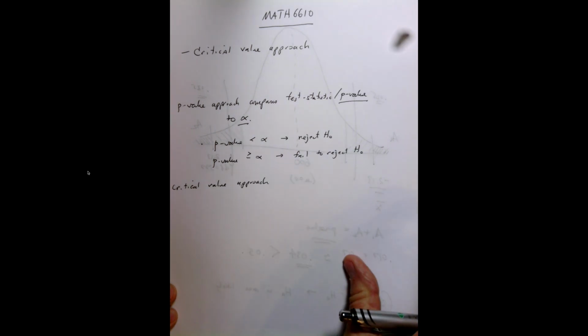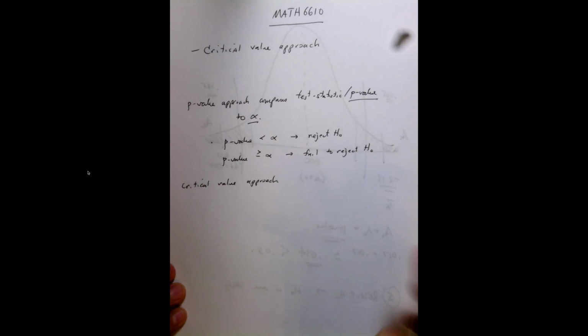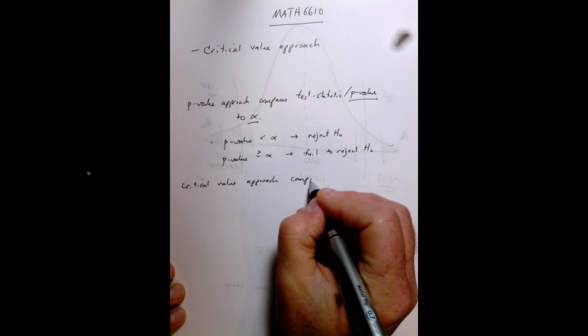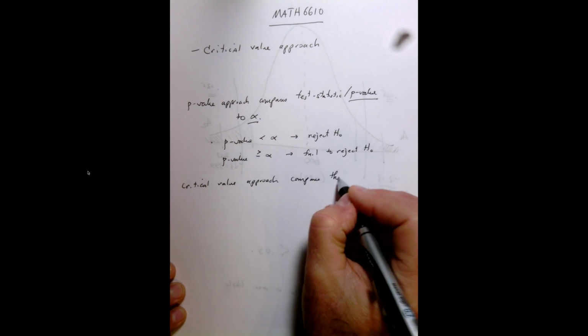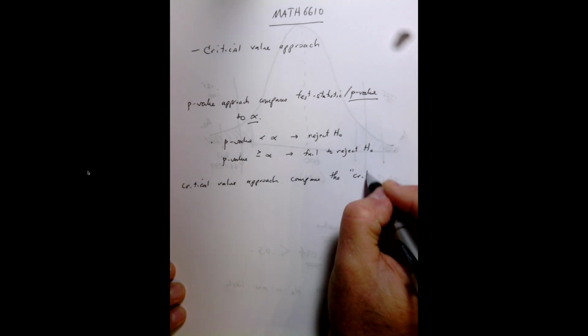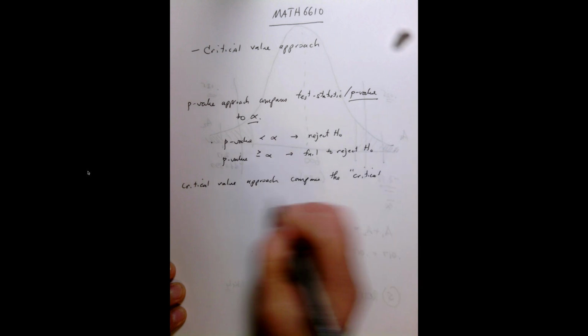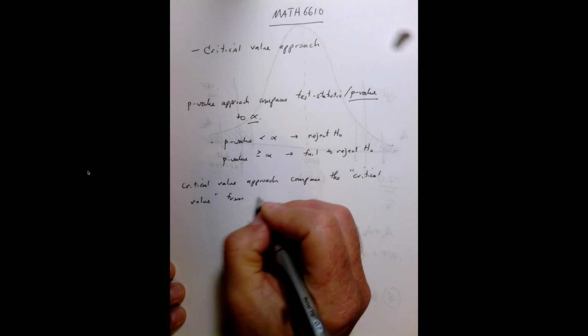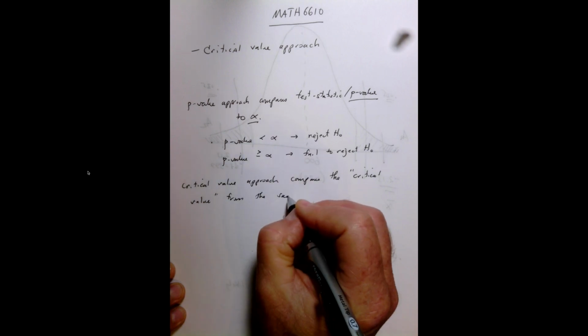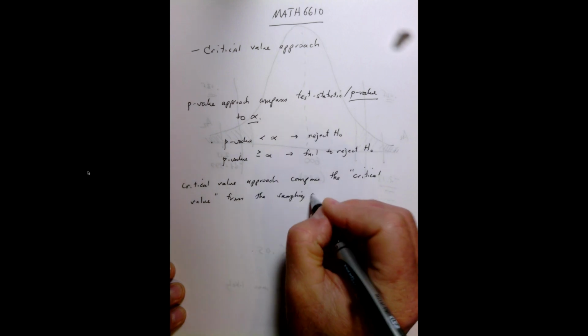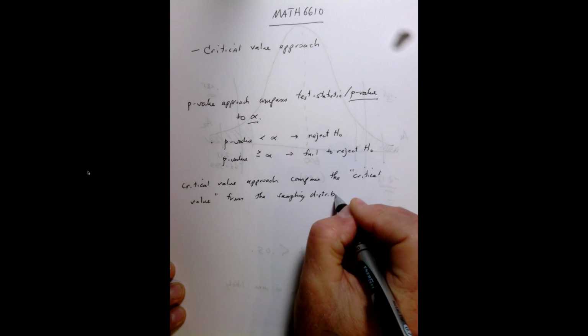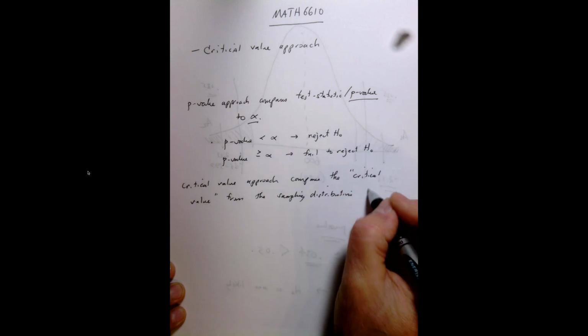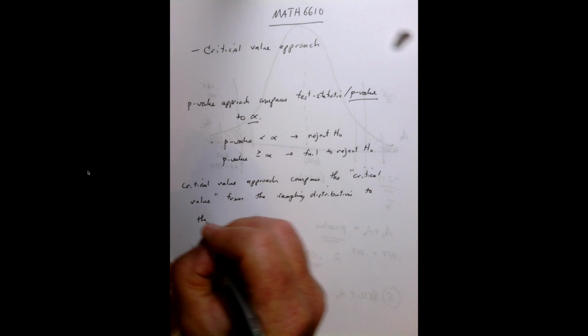The critical value approach compares the critical value from the sampling distribution to the test statistic.